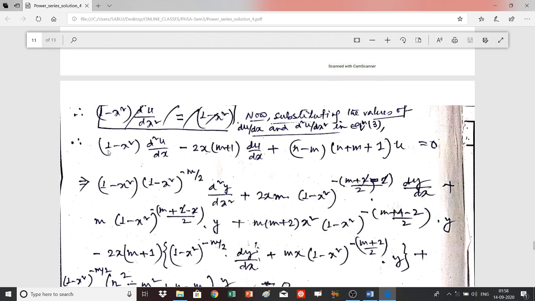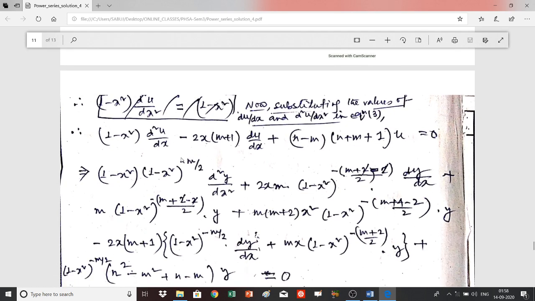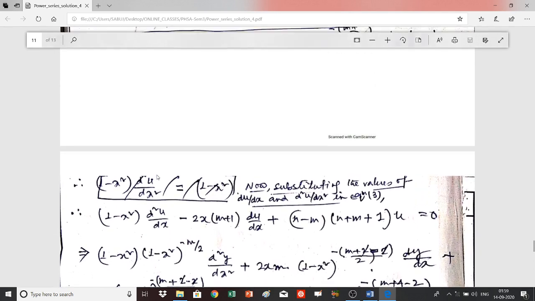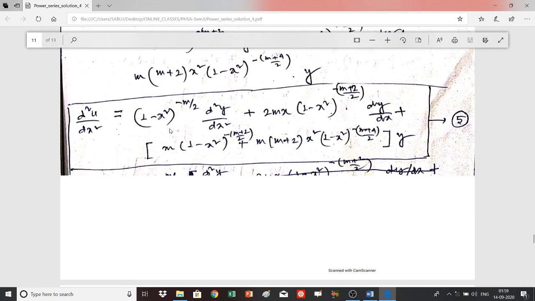So right here, 1 minus x square, this is equation number 3, and you substitute here the values of du by dx and d2u by dx square. So here it is 1 minus x square, and then 1 minus x square will multiply all these terms.